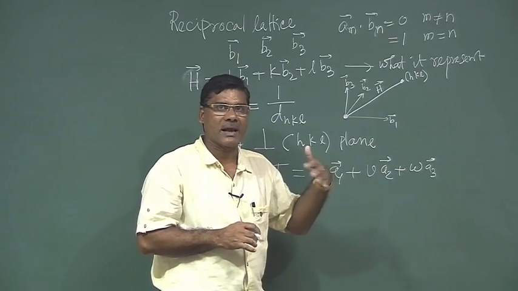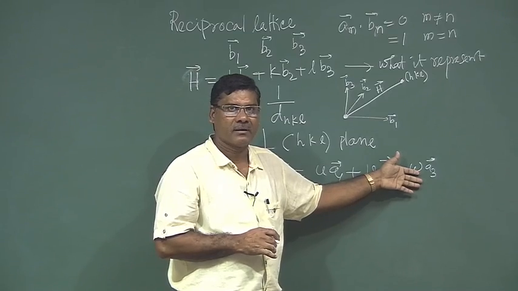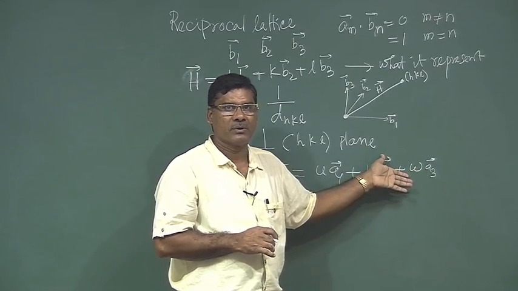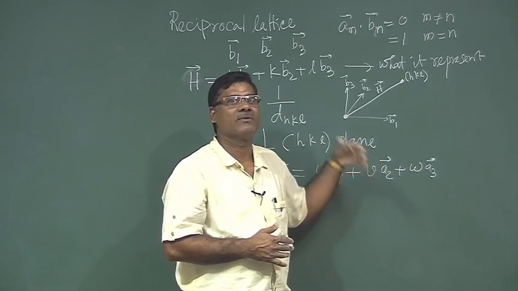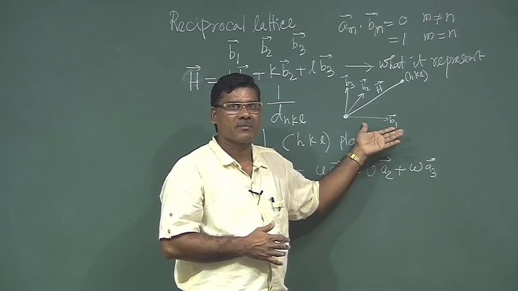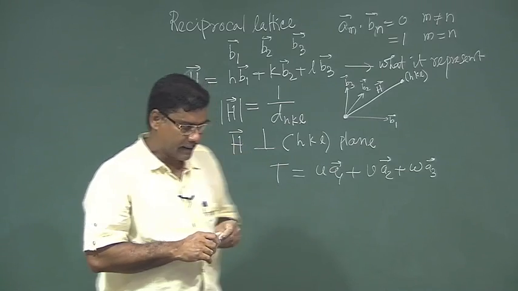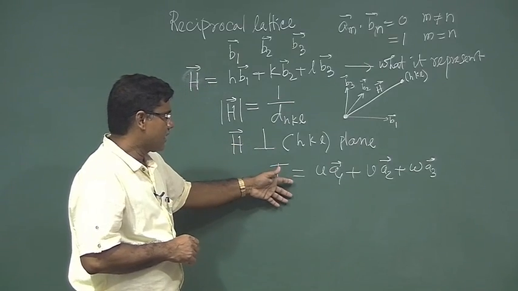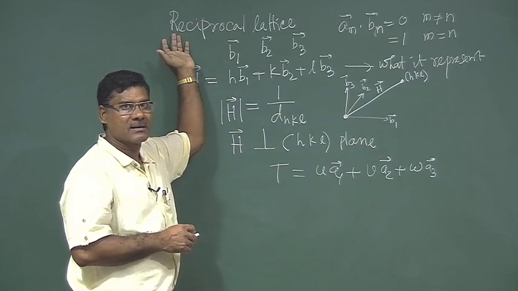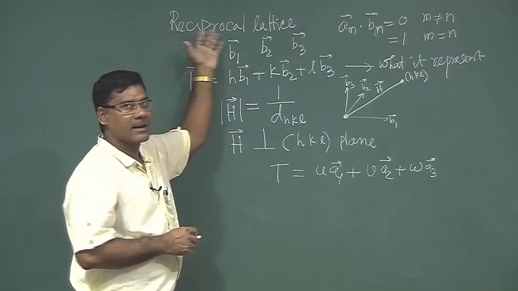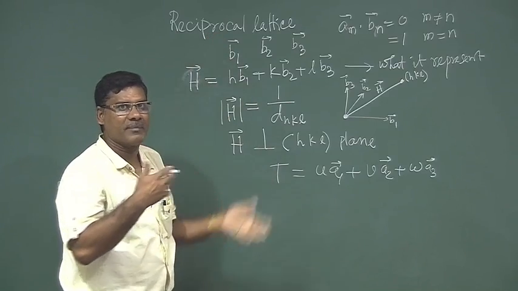But planes we cannot define in a simple way. To define the planes we have to find the Miller indices and then we can define them. So, in terms of Miller indices we have to define, and so we have produced another type of lattice, that is called the reciprocal lattice, where each point will represent a plane.